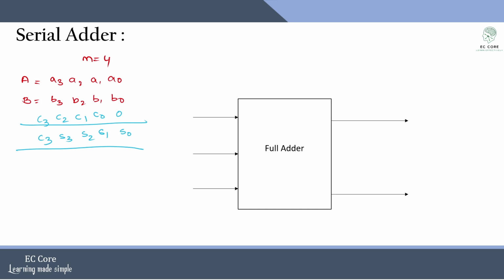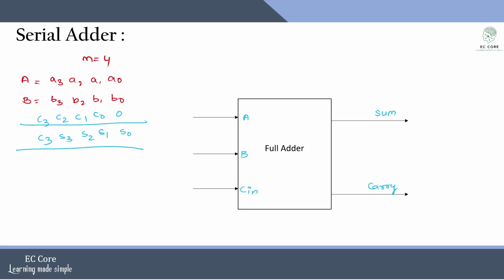Now let us understand how this serial adder works. Let us say I'm taking one full adder, and I will add bit by bit. Here I take A and here I take B, this will be my Cin, this will be my sum and this will be my carry output. Let us perform the bit by bit operation.